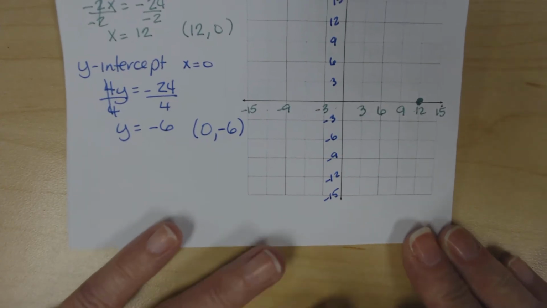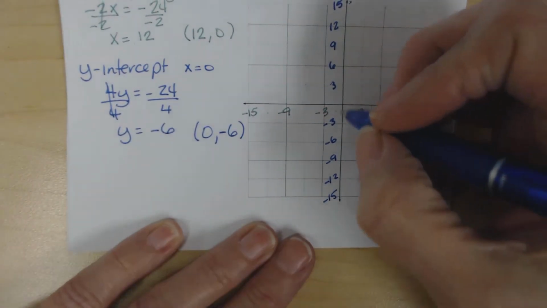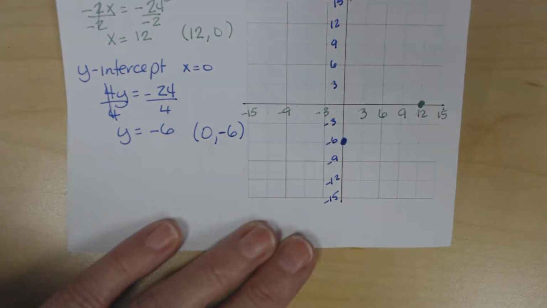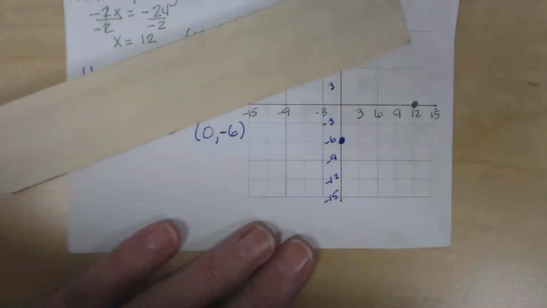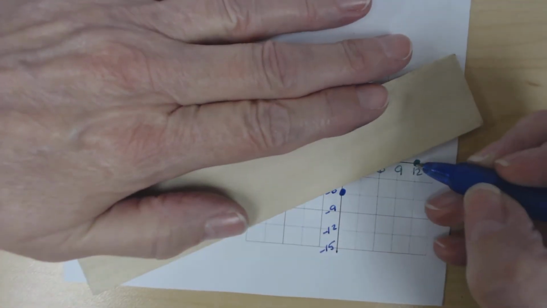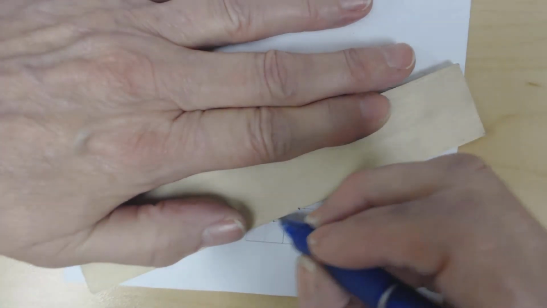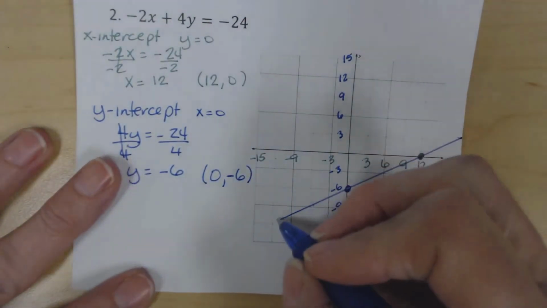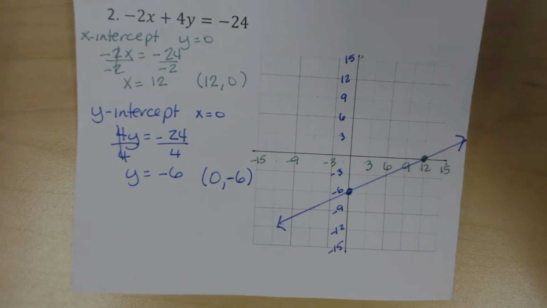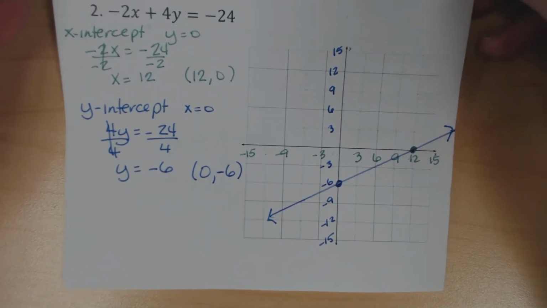So the y-intercept is at -6, so that's where y is equal to -6 and x is equal to 0. And here we have our 2 points. So now I'm just going to connect those 2 intercepts so that I can quickly graph my line. Remember, on your lines you put an arrow at either end to show that they continue on.